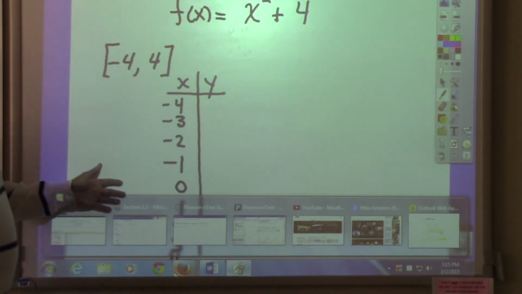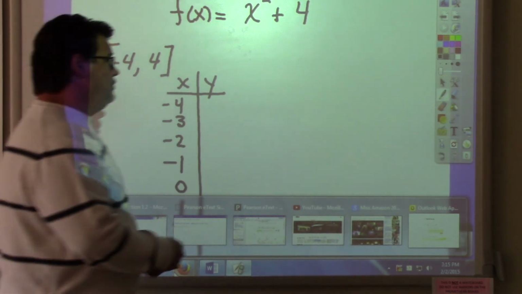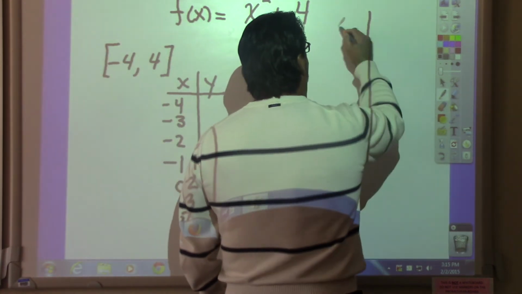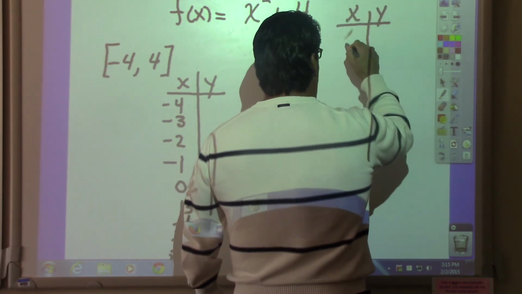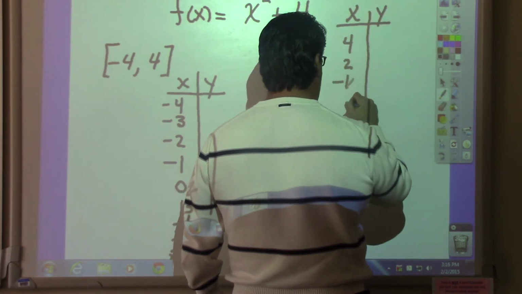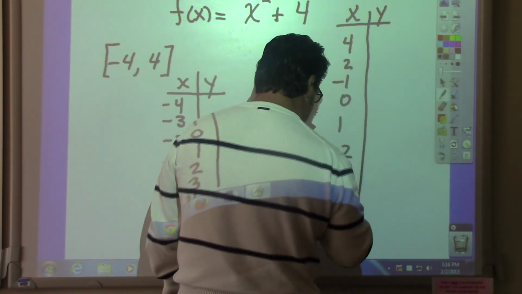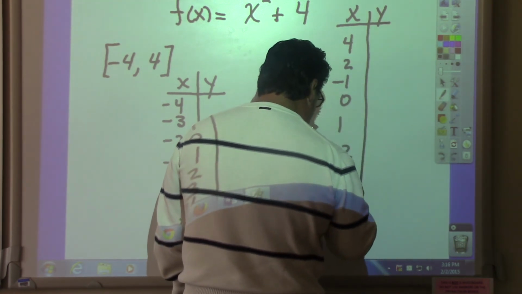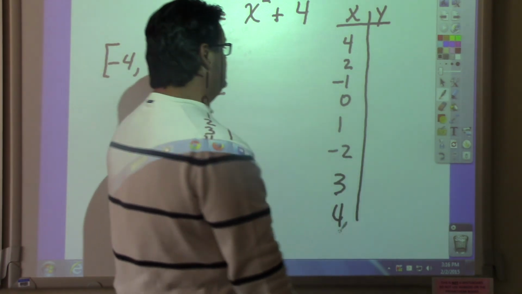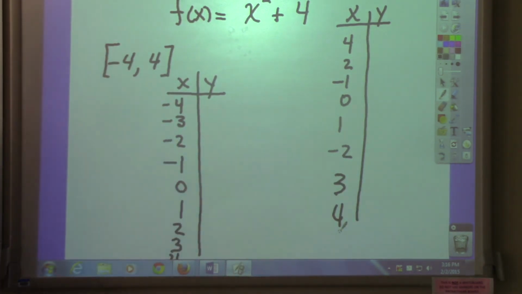No, I'm sorry, that's reading left to right. This is what y'all do: 4, 2, -1, 0, 1, -2, 6. No, you can't have 6. 3 and 4. That's what y'all do. Another thing I've never figured out is why y'all do that. But you read left to right all your life.